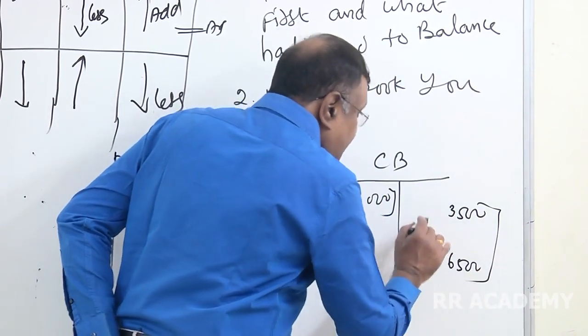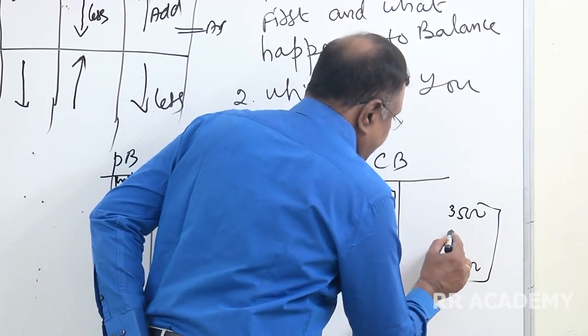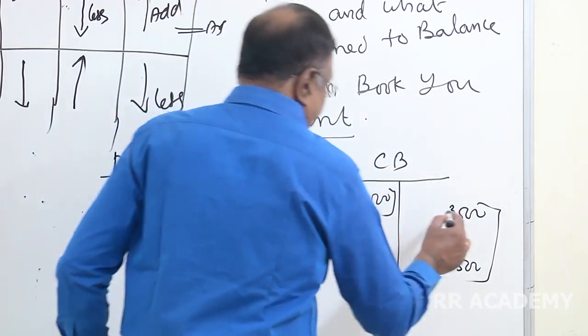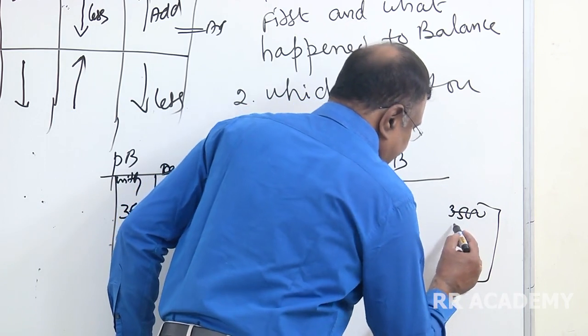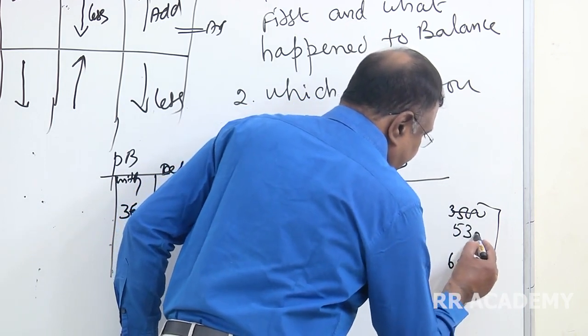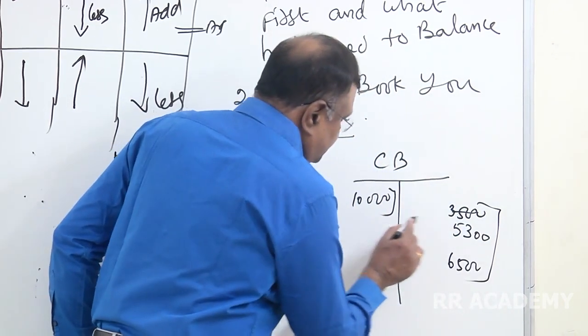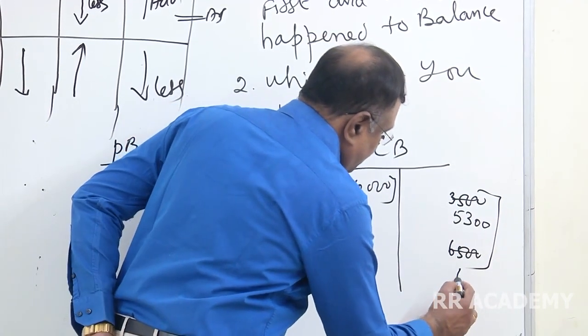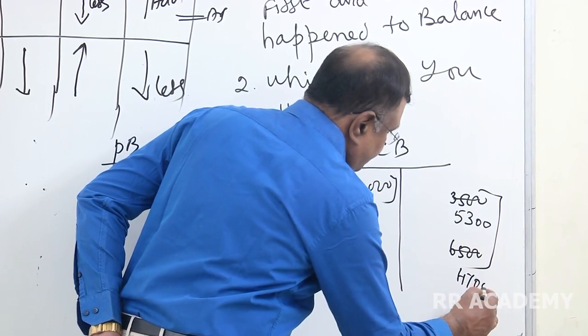Now, instead of 3,500, it was written as 5,300. Now, 10,000 minus 5,300 is 4,700.